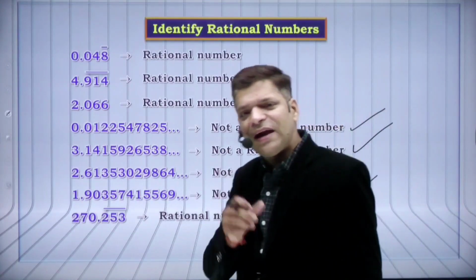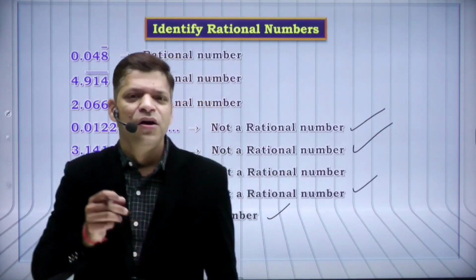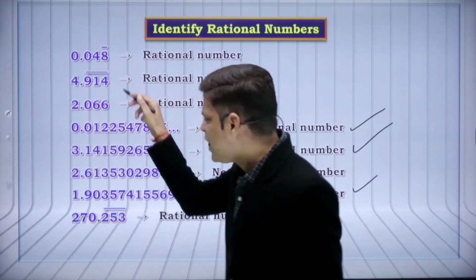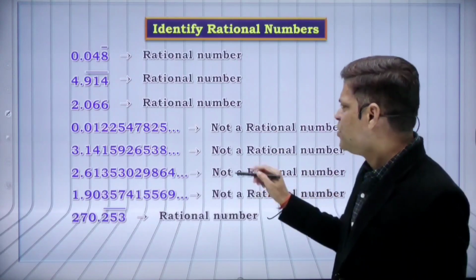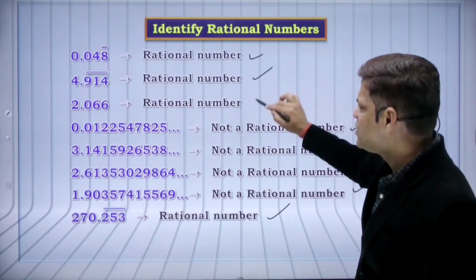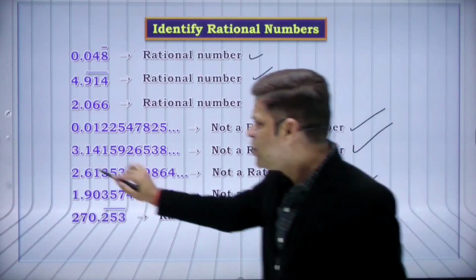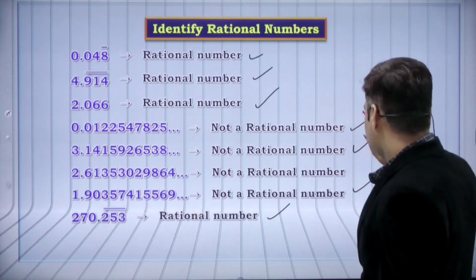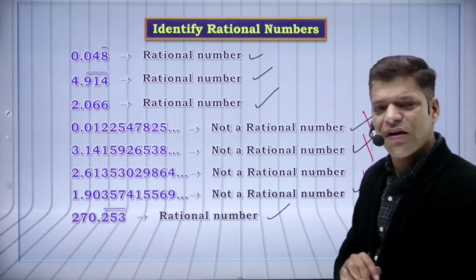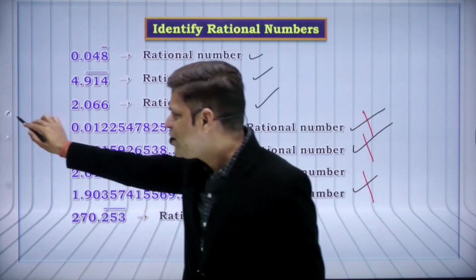Here we categorize which of these numbers are rational numbers and which are not. We can see that these are rational numbers, and for these numbers we find that they are not rational numbers.